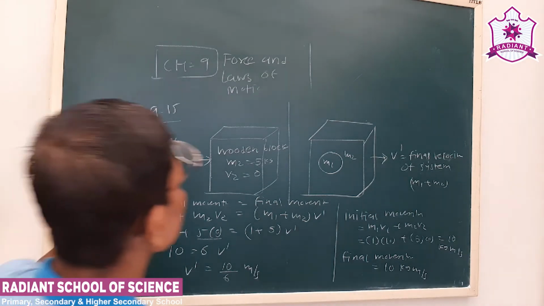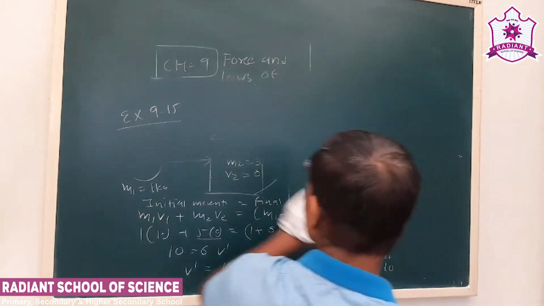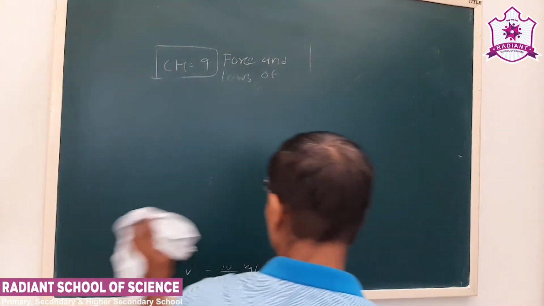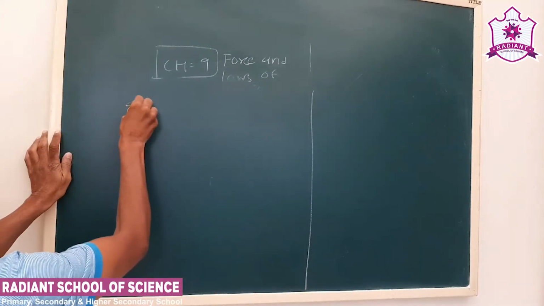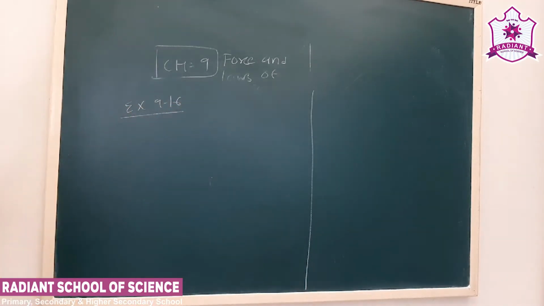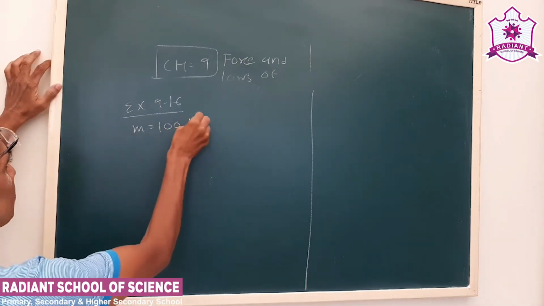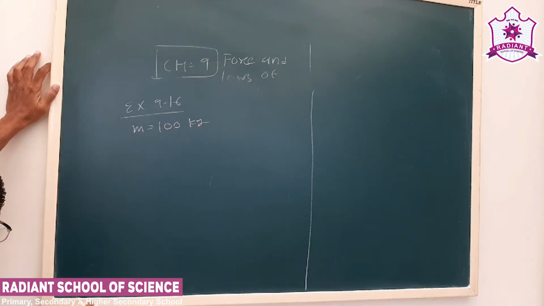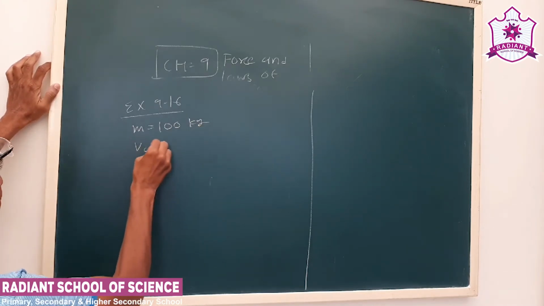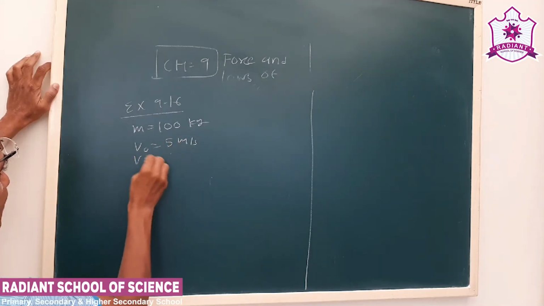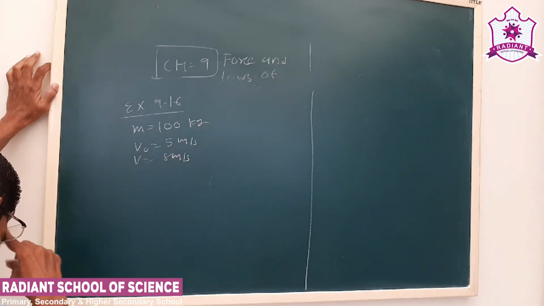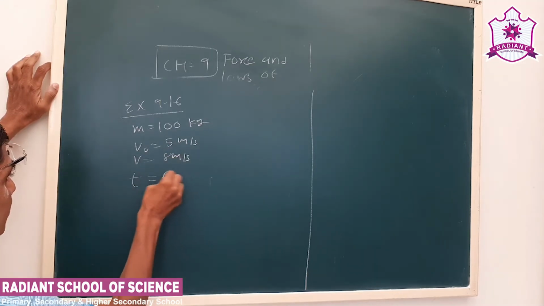Now see next is exercise sum number 9.16. It says that an object of mass 100 kg is uniformly accelerated from v0 of 5 meter per second to v of 8 meter per second in a time of 6 seconds.